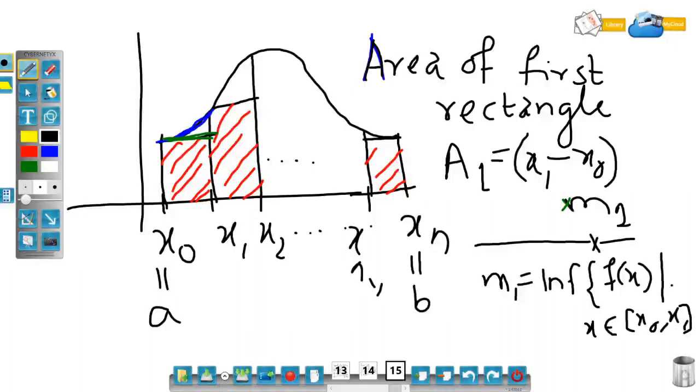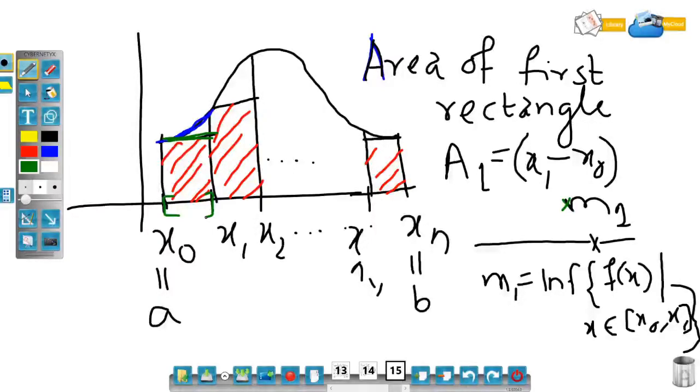So in this interval, my function's minimum value, that is basically the infimum here, that value is basically the height of the first rectangle. So the area of the first rectangle is denoted by A1, which is (x1 minus x0) times m1.